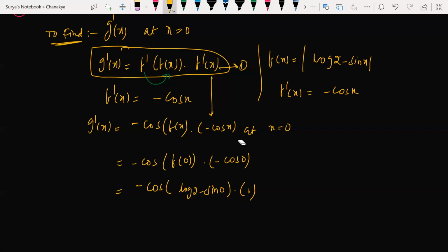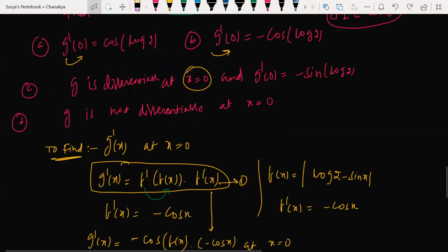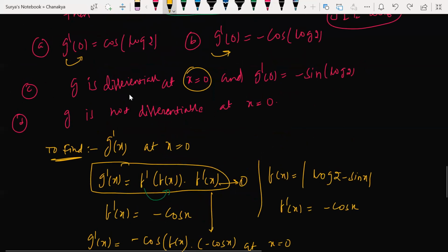Cos 0 is 1. So minus cos of log 2 into minus 1. The minus into minus becomes plus, so cos of log 2 is the answer. G dash of 0 is cos of log 2, option A is correct.